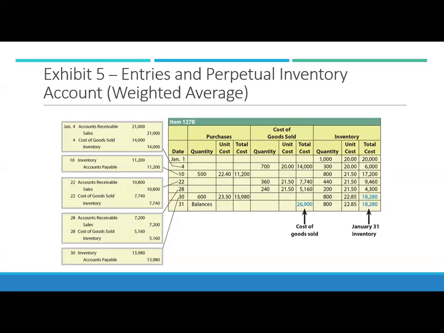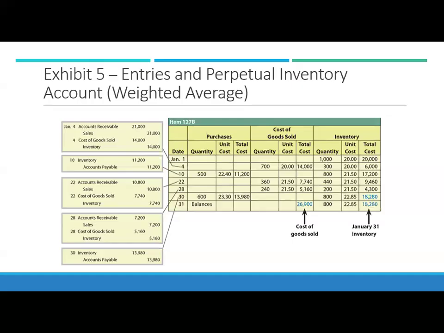And the first transaction is the same because we add, right? It's just 700 units at $20 a unit. But then as soon as we add another, then we have 300 units of $20 inventory, and that's $6,000.